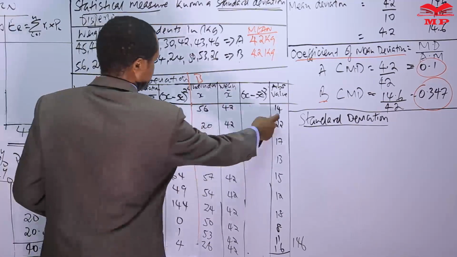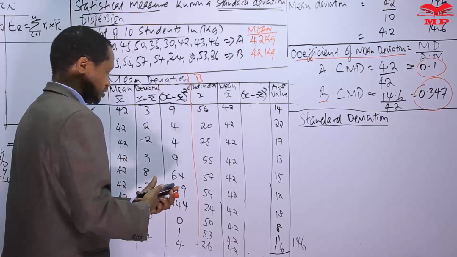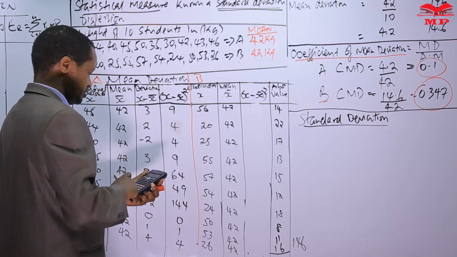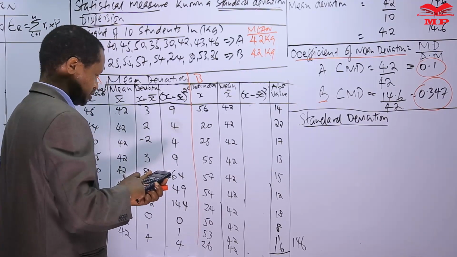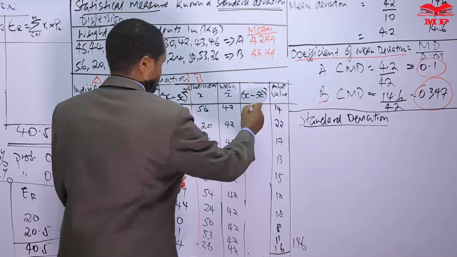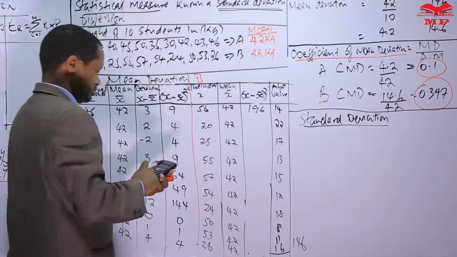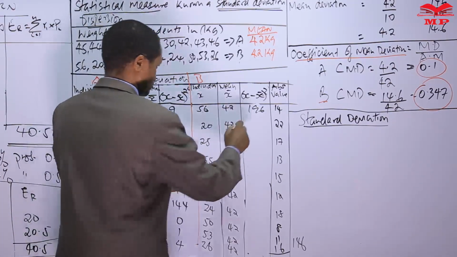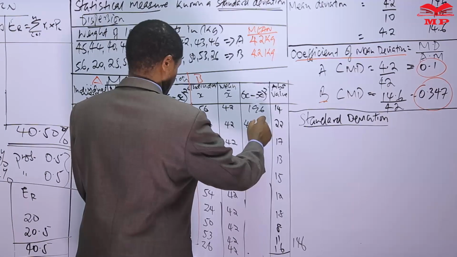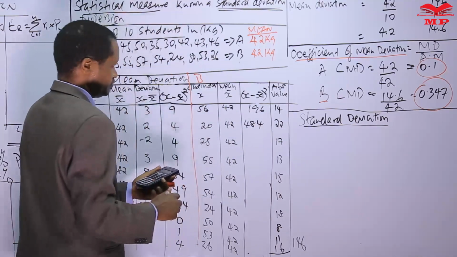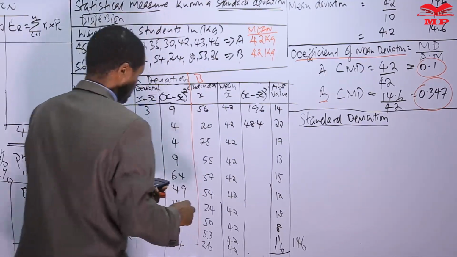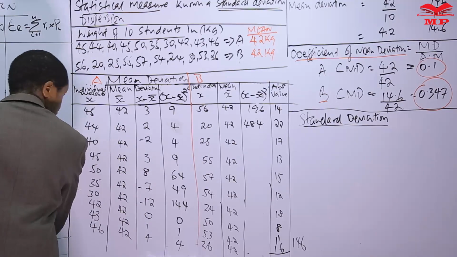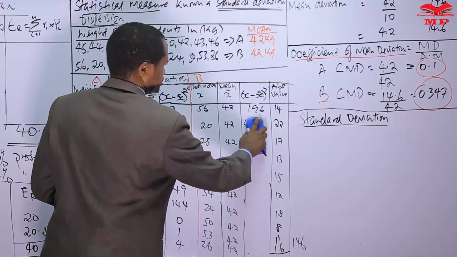The deviations should be squared so that we have 14 squared is 196, 22 squared is 484.